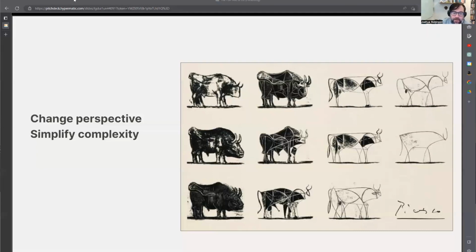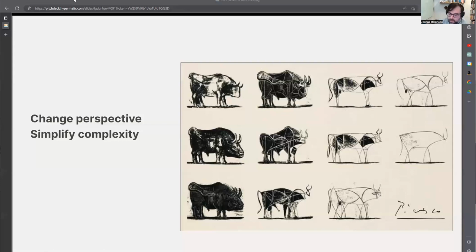On the left, you have a very specific kind of bull. And as you move towards the drawings on the right, you get abstractions of the idea of a bull. It's no longer a bull with this fur or this kind of tail or this horn or this pattern or this marking. It's just the idea of bull, a vague line drawing of a bull.